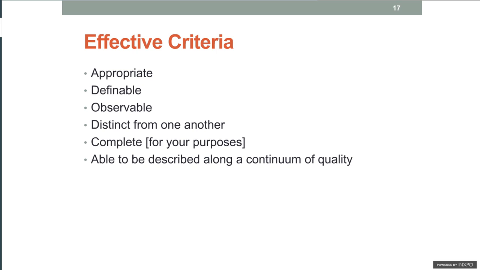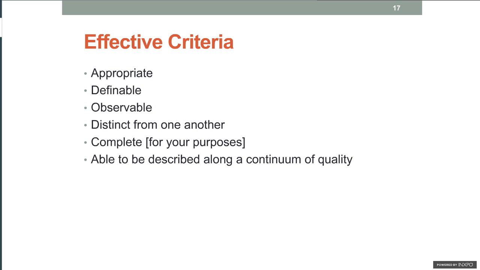There you go. Effective criteria have to be appropriate to the standard that you're measuring or the unit goal, definable, observable, distinct from one another, and complete, in the sense that if you looked at all of these things in the evidence of student work, you would have a complete description for the purpose that you are using the performance assessment for, namely to assess student achievement of one or more learning goals.